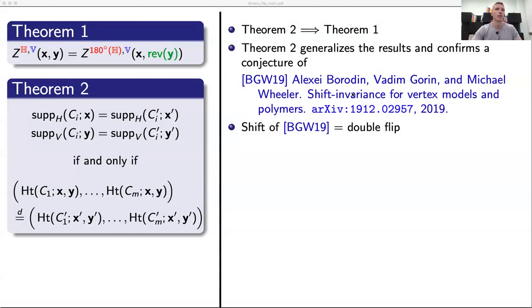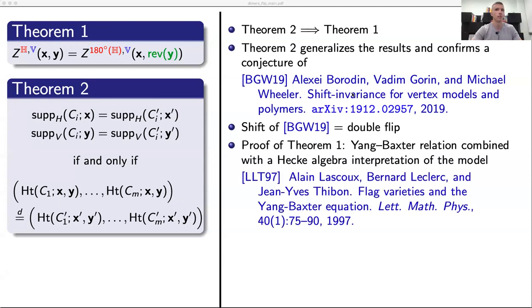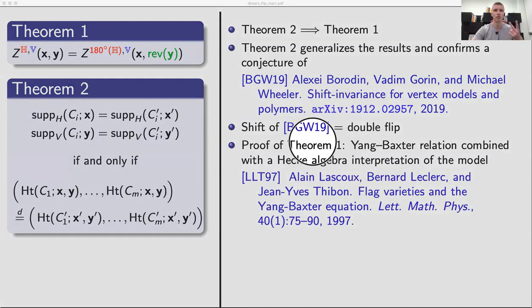Now, Theorem 1 has a pretty short proof, and the proof is basically a combination of two ingredients. One ingredient is classical, that's the Yang-Baxter relation, and the other ingredient is new. That is, there is a simple way to recast the six-vertex model in terms of the Hecke algebra dynamics.